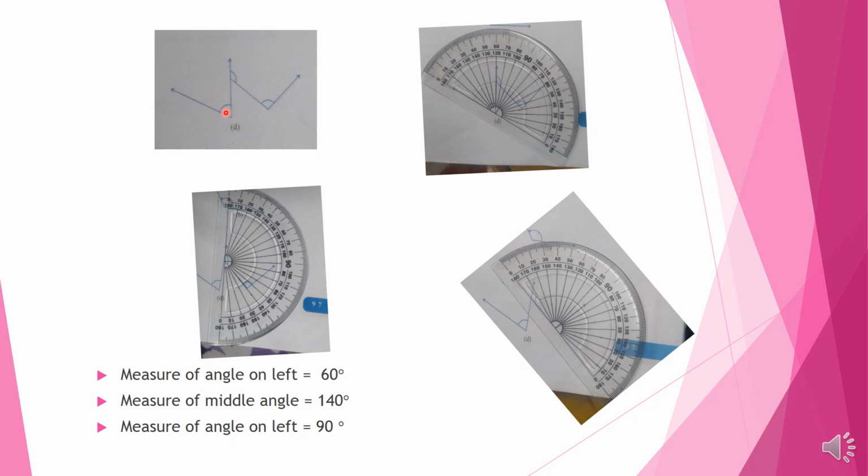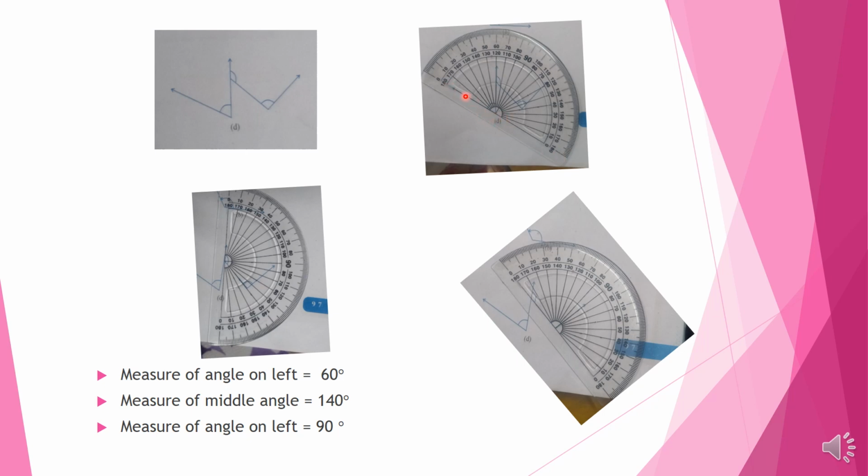And for this angle, see the protractor. How to keep the protractor? Here, along this arm the protractor line is coinciding. Here the protractor vertex will come, and we have to see along which line this ray goes in the protractor. See here, that position I have shown. The protractor horizontal line is along this arm.